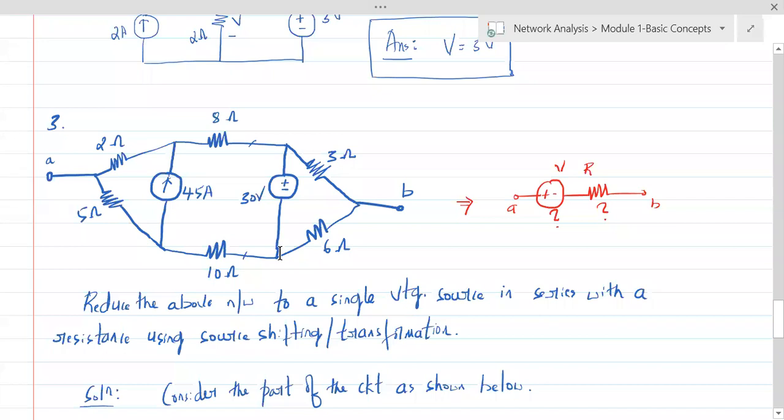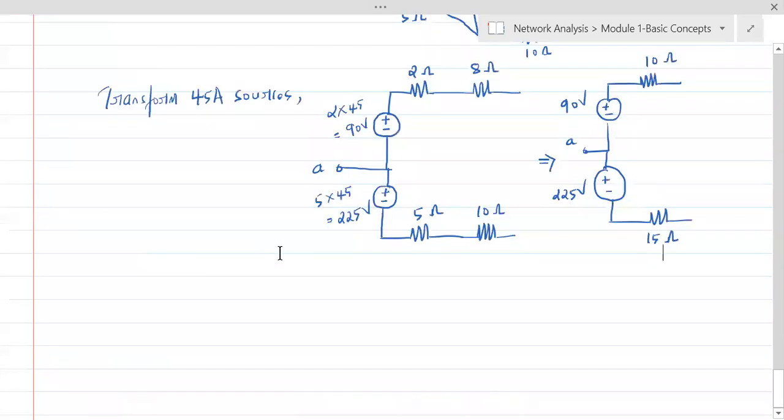Therefore the given network becomes, everybody take down that. What does it become?